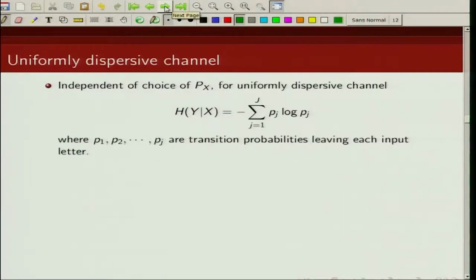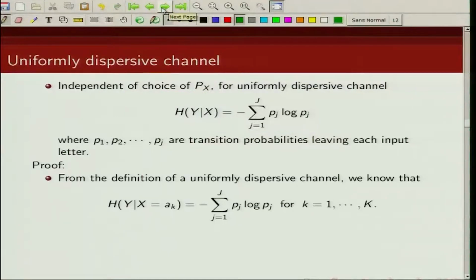Now for a uniformly dispersive channel, independent of the choice of input distribution, we can write the uncertainty in y given x as the summation of minus pj log pj, where these pj's are the transition probabilities leaving each input letter.